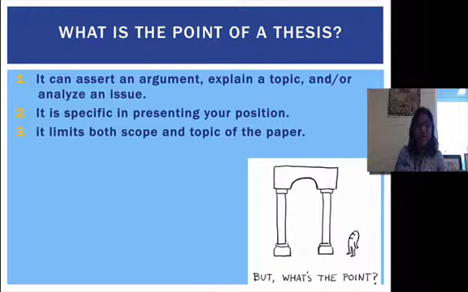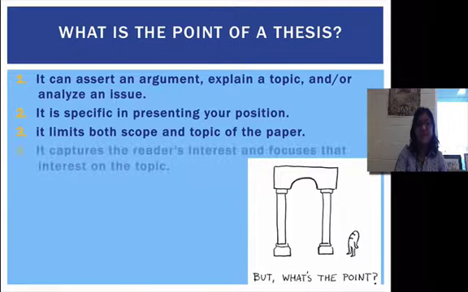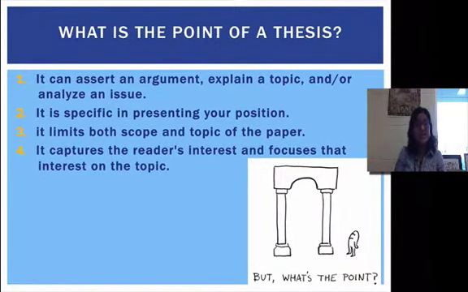So what you're doing is you are refining your searches, and in that same vein, you're going to refine your thesis, which will limit the scope and topic of your actual paper. And finally, the point of a thesis is also to capture your reader's interest and focus their interest on the topic, because then they will be more likely to buy into your argument, which is the goal of the paper.